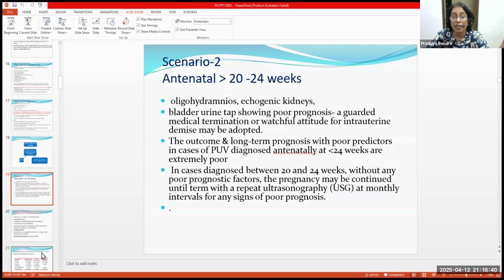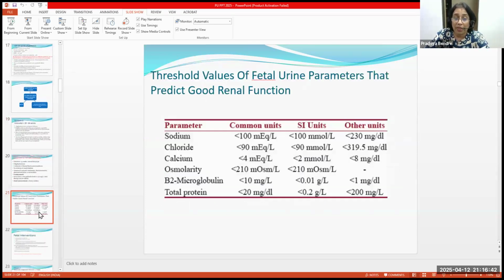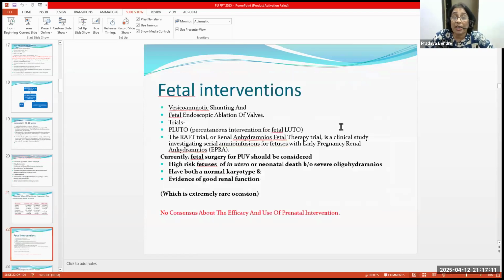There are lots of side effects on the baby and on the mother, and that is why we must be sure that your intervention will give some benefit to the baby and will not harm the mother, and that's a very difficult task. So there are some values which have been described for fetal urine that predict good renal function. So what are the fetal interventions?